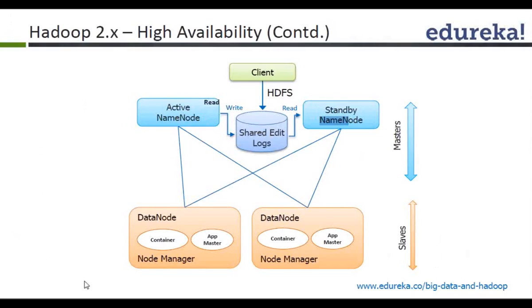Vijay was asking, after a failure of the active, the standby will work as active, but which will do the role of standby during this duration, and what will happen if the active comes back? Will it again be active or passive? Good point. Whenever the standby comes up, you will not have another standby to the standby.